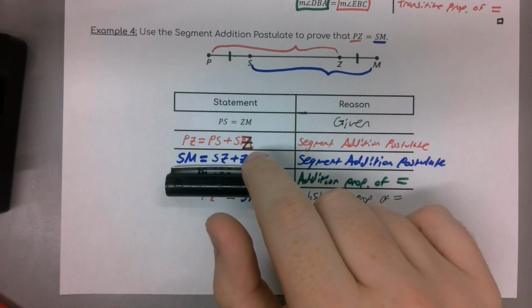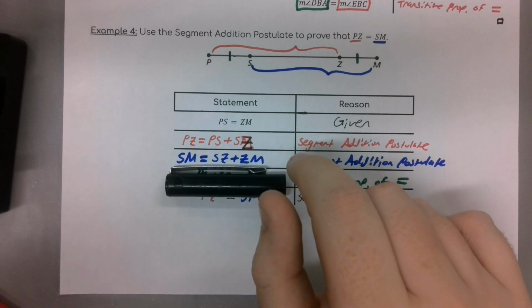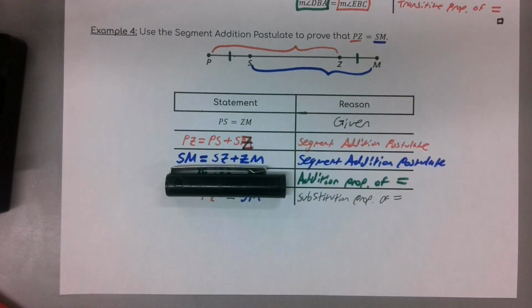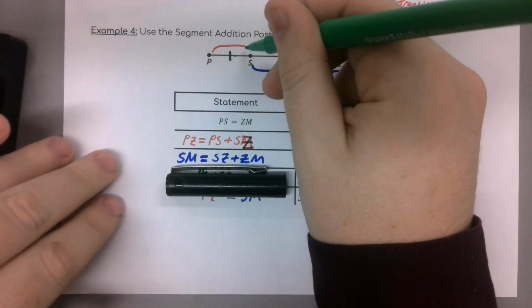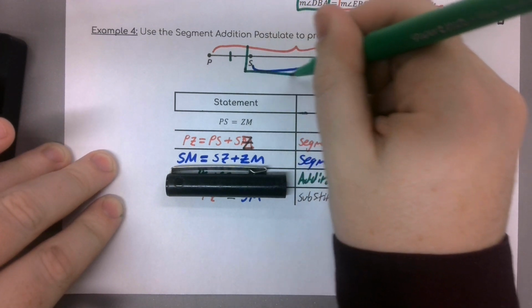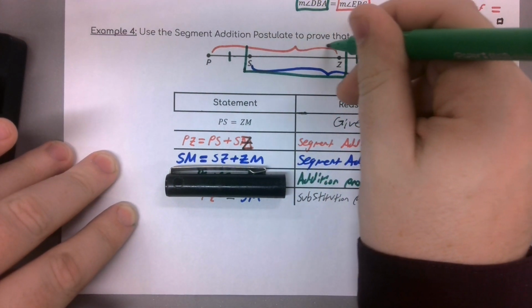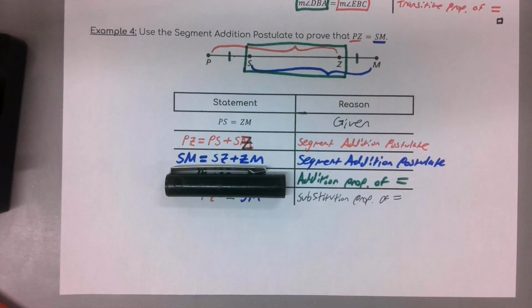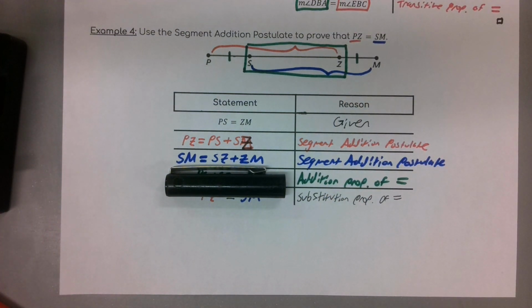Looking at the equations, these two both have one thing in common. In fact, looking at the diagram, these two also have one thing in common. It's this segment here, SZ. That's the connector. That's the thing that'll connect these two ideas.